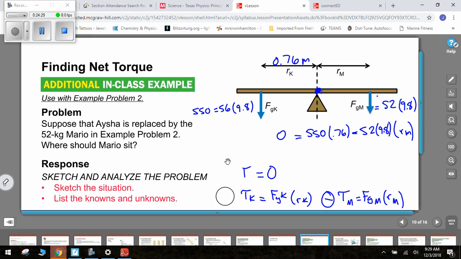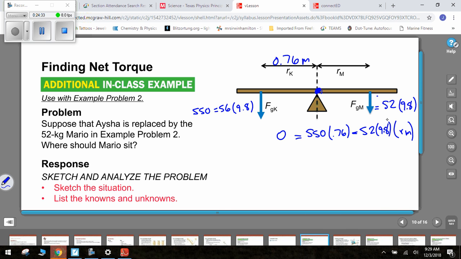Okay. Now I'm going to erase all this because I'm running out of room. All right, so I'm going to add this 52 times 9.8 RM to both sides.